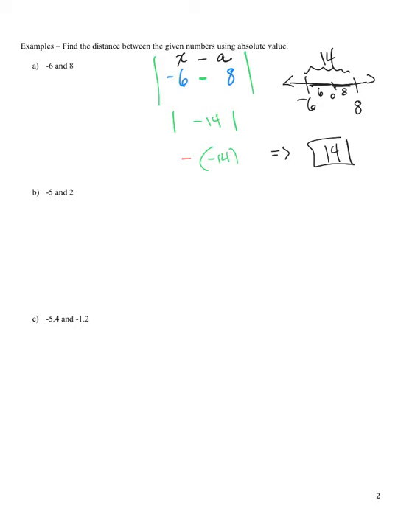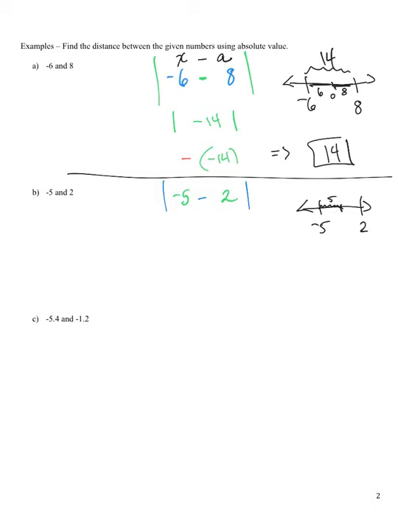The distance between negative 5 and 2. If I want to look at it on the number line, the distance between these two numbers is what? Well, negative 5 to 0 is 5, and then 0 to 2 is 2, so this whole distance is 7.